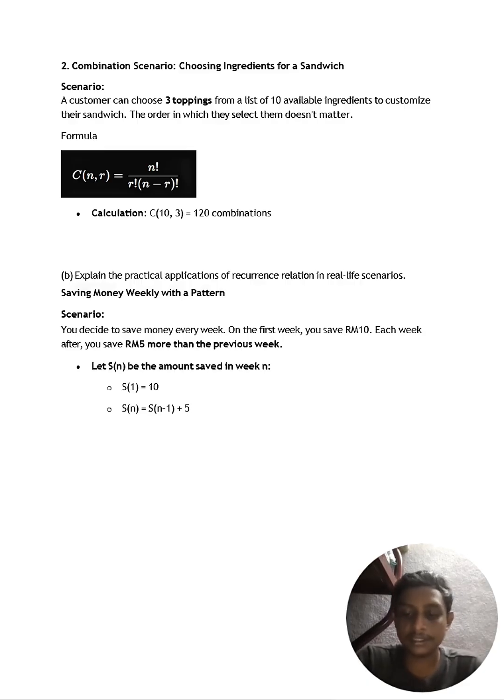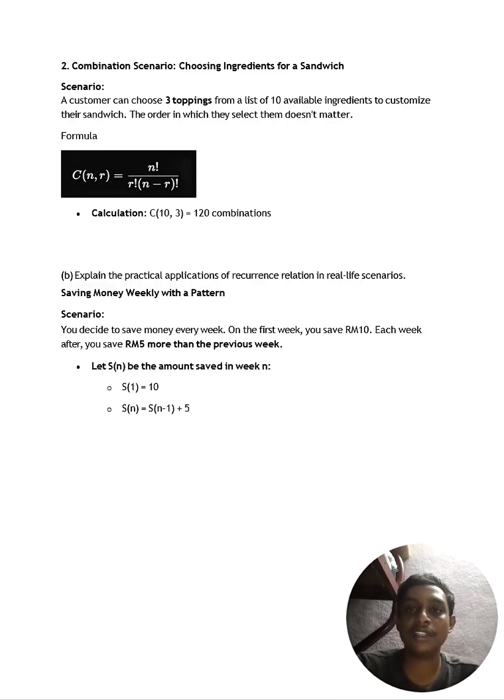So why is this a recurrence relation? A recurrence relation is a way of defining a sequence where each term depends on one or more previous terms. In this case, each week's savings depends on the previous week's amount plus a constant RM5. The future value is built based on the past.